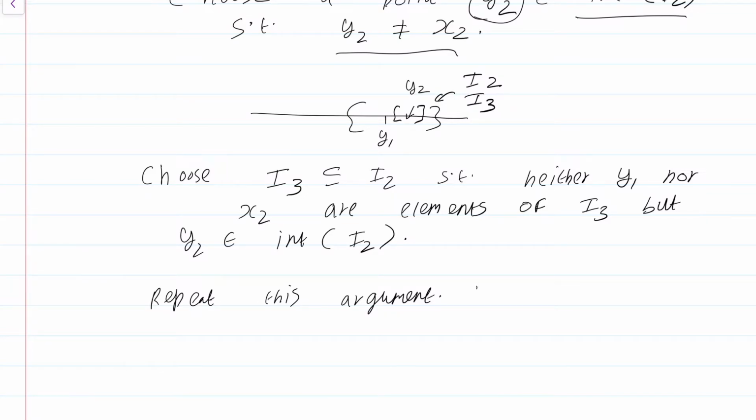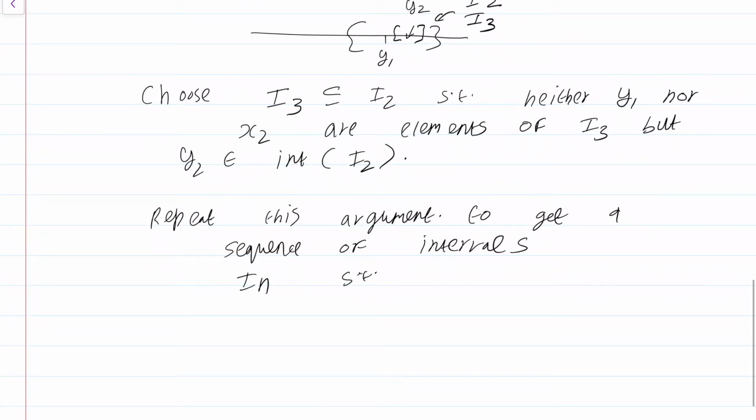So repeat this argument to get a sequence of intervals In such that x(n-1) is not an element of In. But In intersect S is never empty.